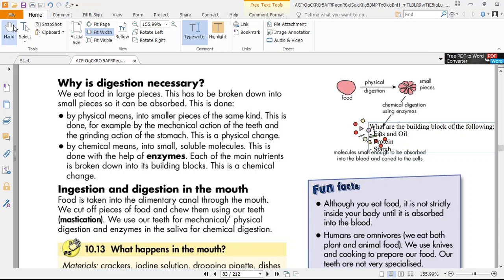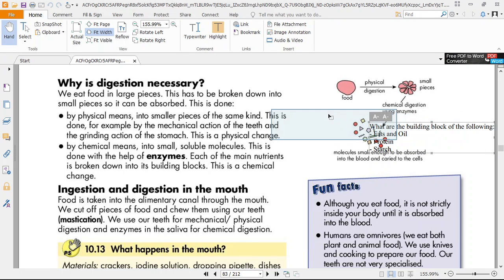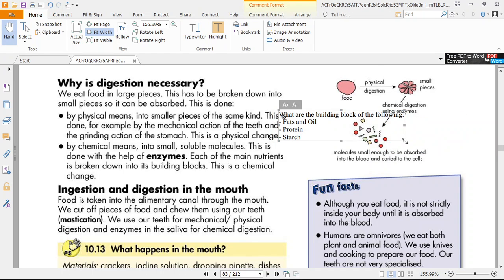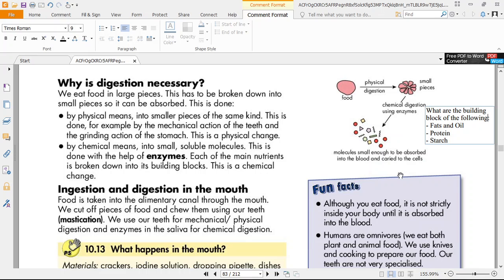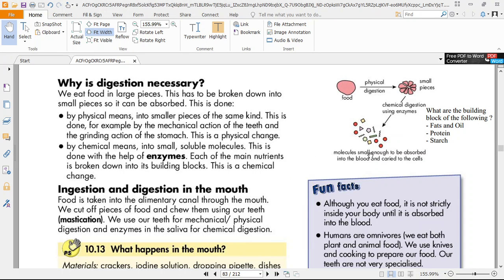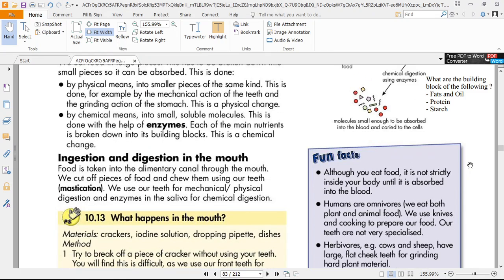There are more, but let's work with those for now. These are the building blocks of the following. So you can go and look that up also.